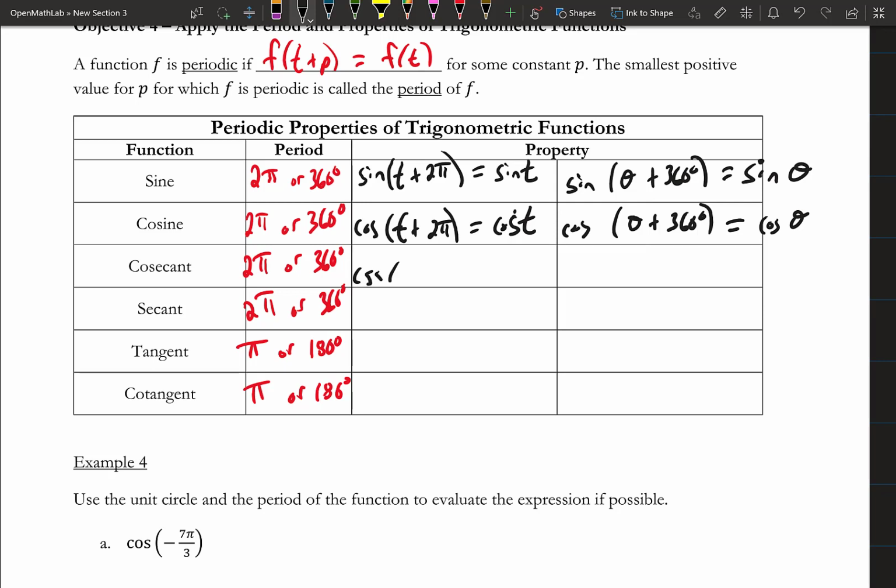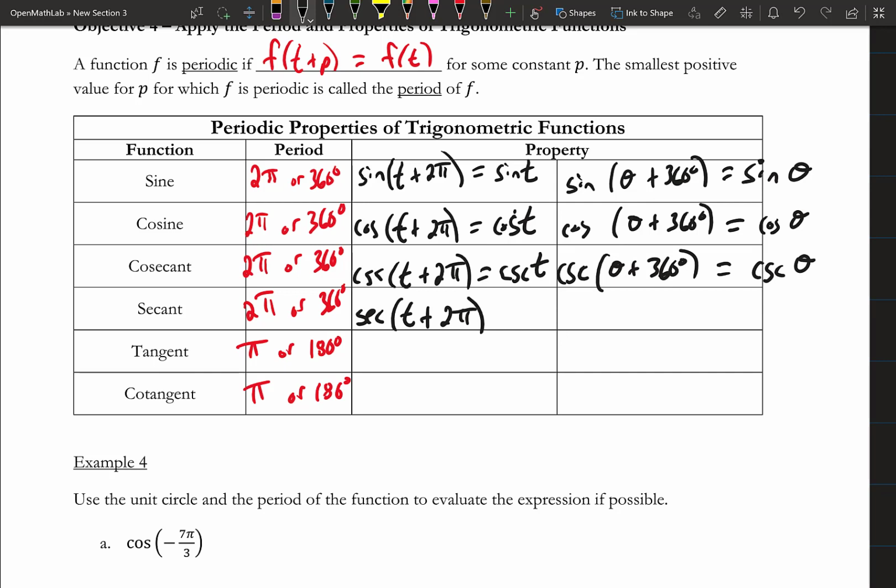So cosecant of t plus 2 pi is just equal to cosecant of t, and cosecant of theta plus 360 degrees is also equal to cosecant of theta. Then secant of t plus 2 pi is equal to secant of t, and secant of theta plus 360 degrees is equal to secant of theta.